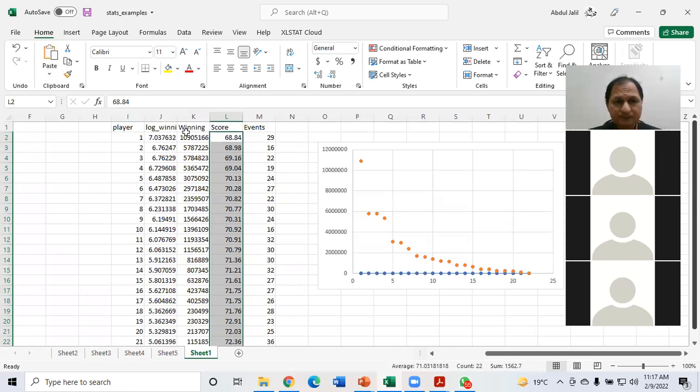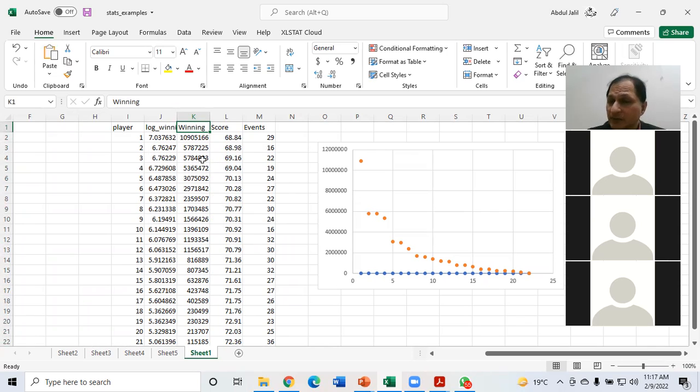So regarding this data set, if we believe that winning result or winning amount is depending upon score, that is our alternative hypothesis, which says it depends how much score you have acquired, so much winning amount you will have. That kind of relationship you are identifying, and that is your alternative hypothesis. You want to prove it. If you want to prove it, you have to reject the null hypothesis that there is no relationship between score and winning outcome or winning amount, right? So that kind of thing is there.